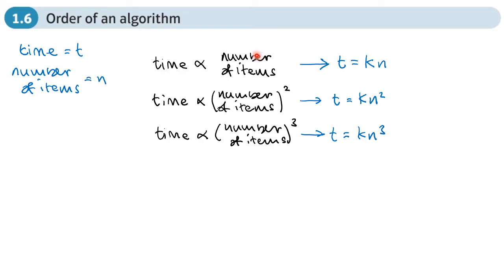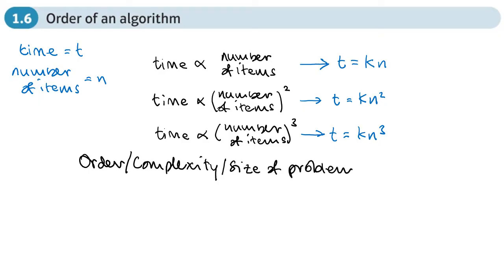Now, whether it's linear or quadratic or cubic, this is called the order of the algorithm. So the order, or it could even be called a complexity, or the size of the problem, is called the order of an algorithm.